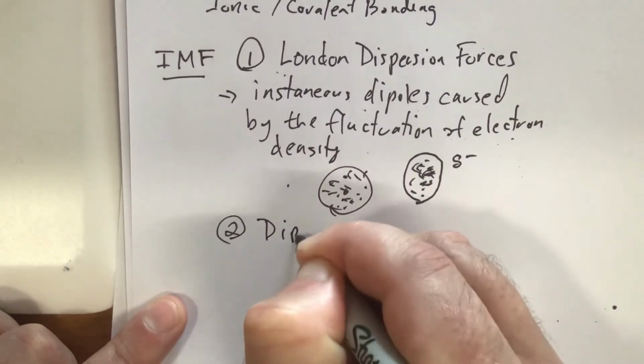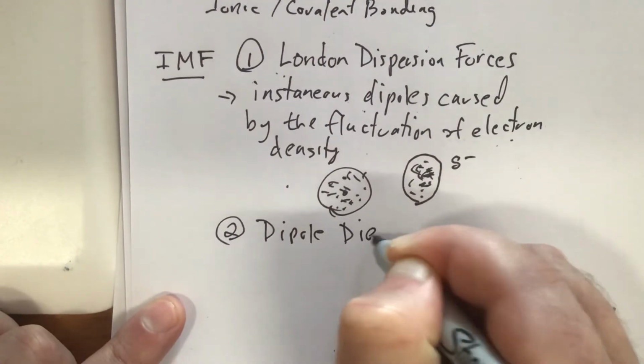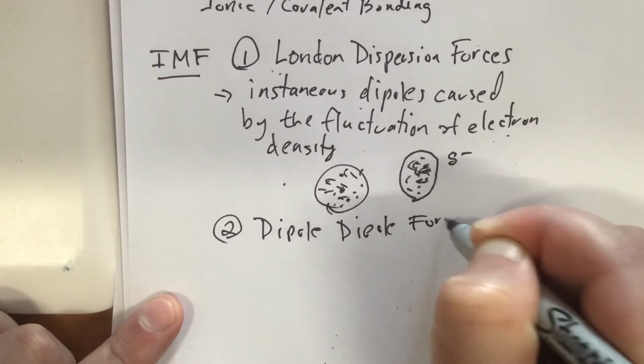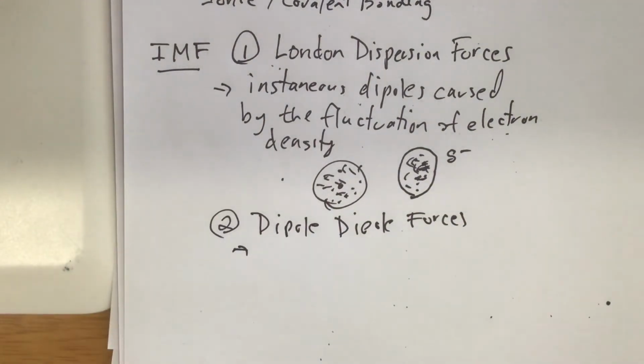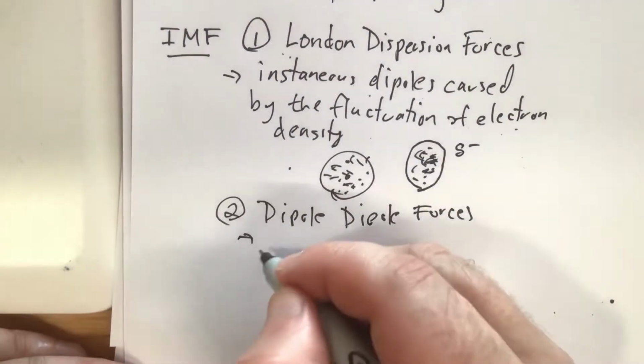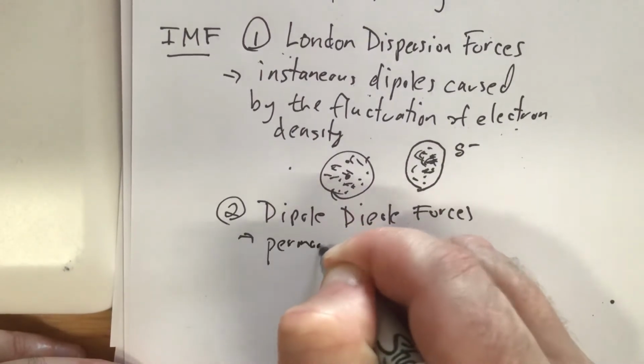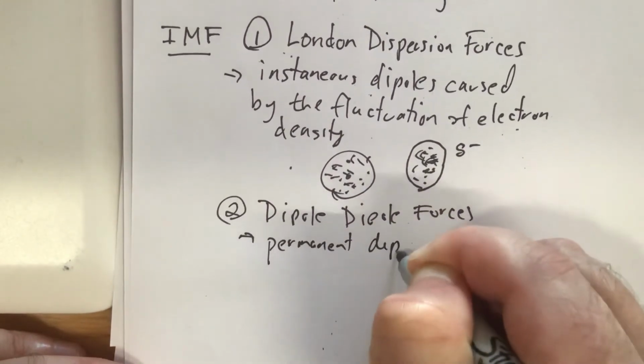Second, we have dipole forces. These are contrasted to London dispersion forces in that these are permanent dipoles.